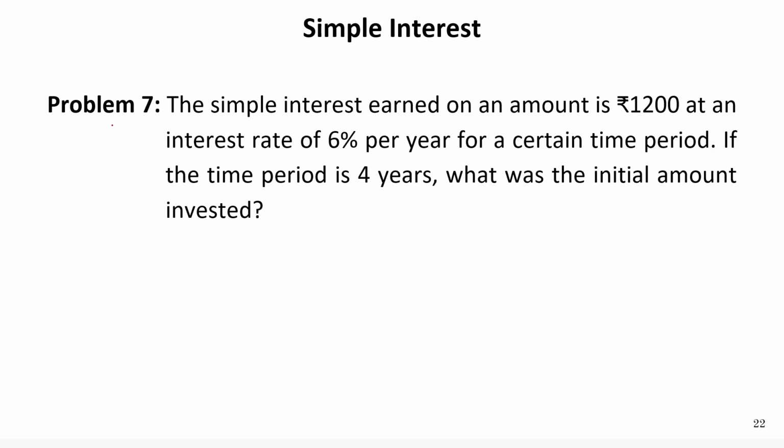So let's see problem number 7. The simple interest earned on an amount of 1200 at an interest rate of 6% per year for a certain time period. If the time period is 4 years, then what was the initial amount invested? So SI is given to us.